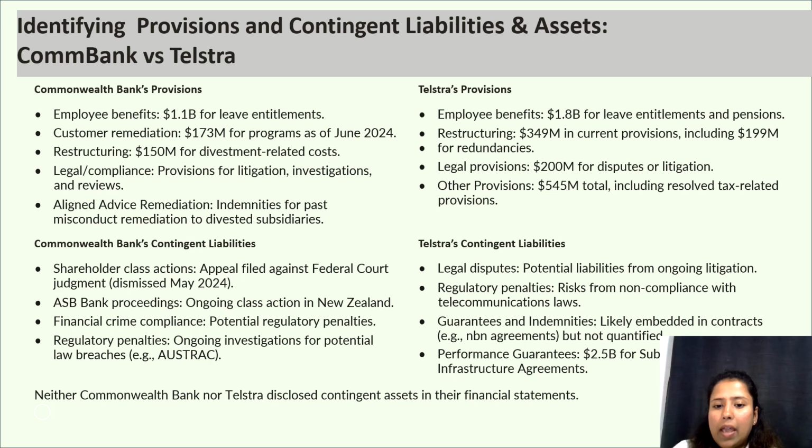Also the NBN agreements, which will be considered under guarantees and indemnities. The performance guarantees hold a total of 2.5 billion for subscribers and infrastructure agreement. So the contingent assets, neither the Commonwealth Bank nor Telstra discloses any contingent assets in its financial statement.